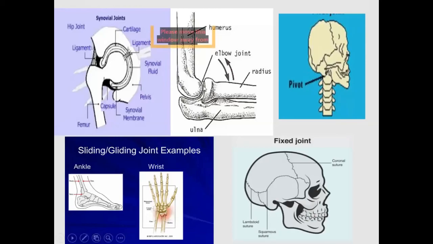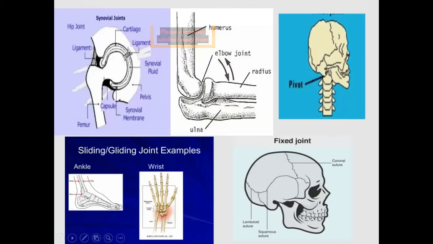Now this is another, the elbow joint. Look at this, the elbow is a hinge joint. We have the example of a hinge joint. First one we have the hip joint, a ball and socket joint example. Now the second one is a hinge joint example. We have the elbow.